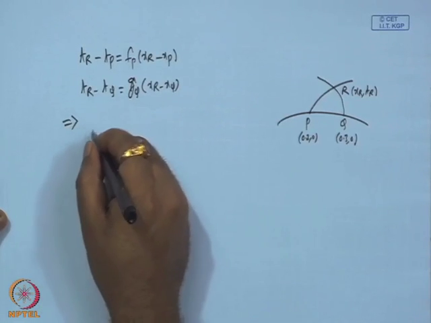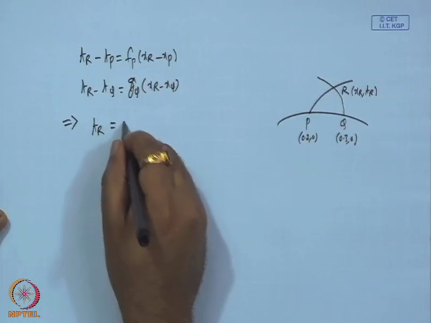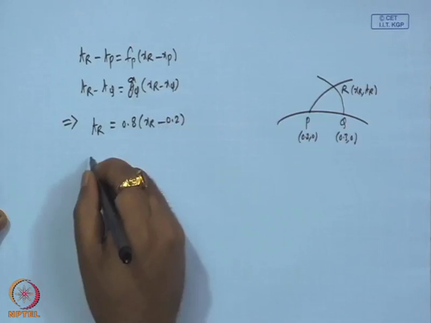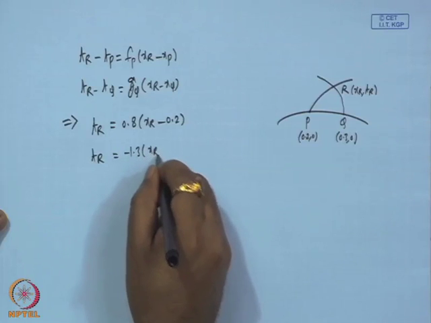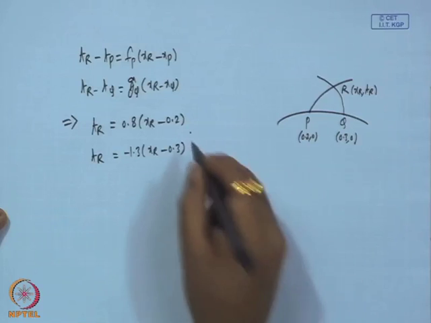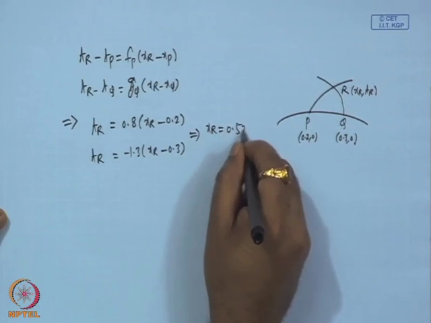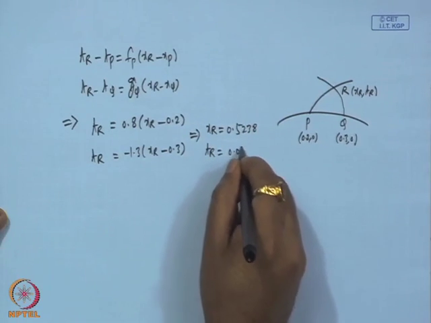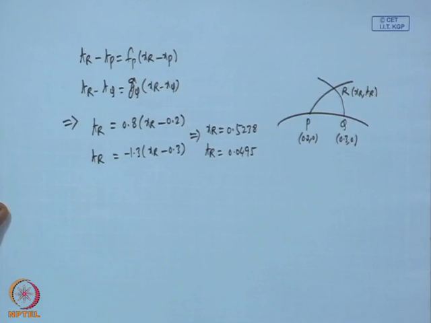If we use this, T p and T q are 0. So, T r is 0.8. So, this implies x r. Okay. So, you can solve the system. So, this is the point.